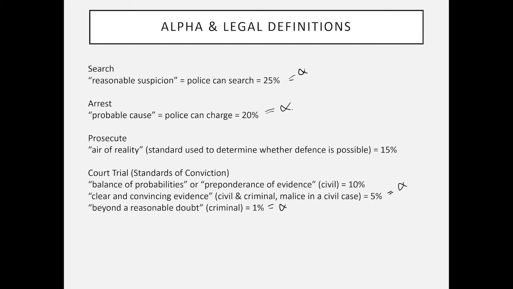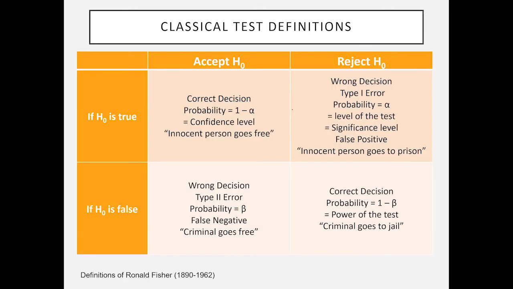I think these are really the terms that are used in the United States, and some of them are used in Canada too. But you can clearly see that some of the standards are greater than others. There's a direct connection between these definitions, reasonable suspicion, 25%, and alpha, and so forth.